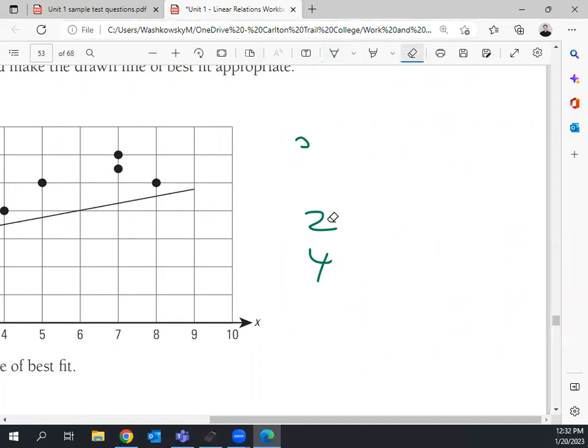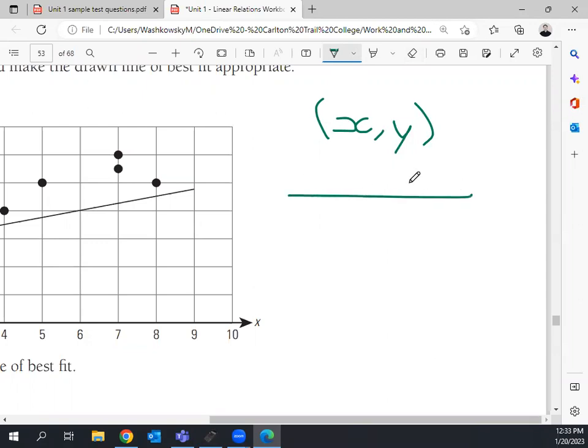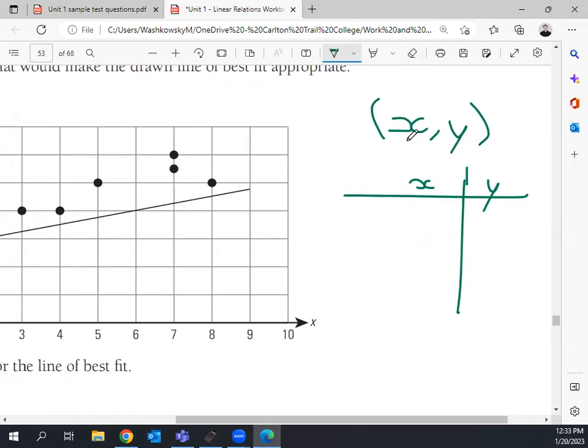Why do you put the X on the left side? The reason we put the X on the left side is because when I write it out like that chart I just had, the X is always on the left and the Y on the right. It just makes more sense, because when you plot, you always plot along the X first.